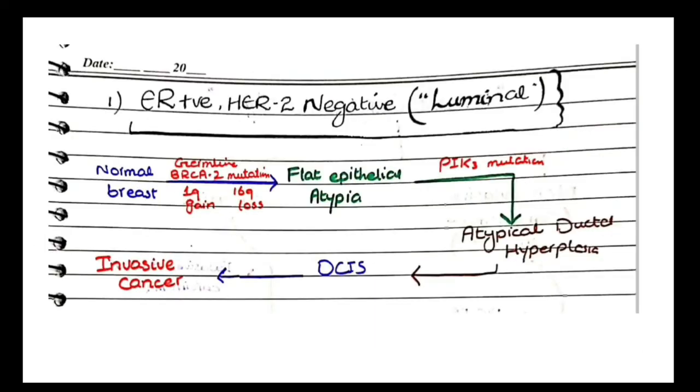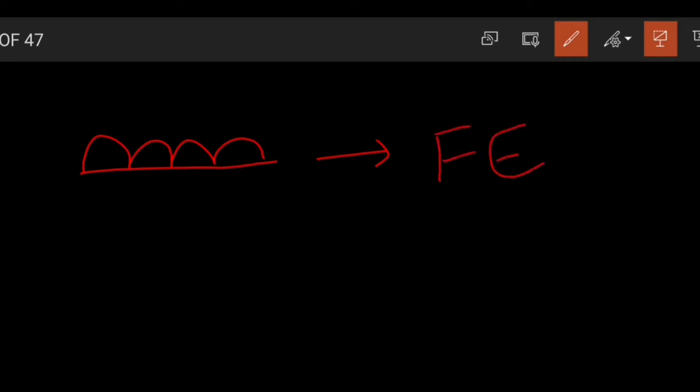So for luminal or ER positive tumors, for example if this is a normal breast, firstly a few of these breast epithelial cells become atypical in their structure. Why do they become atypical? Of course, due to mutations. If this happens, it is known as flat epithelial atypia. After this, these atypical cells start to divide and result in atypical ductal hyperplasia.